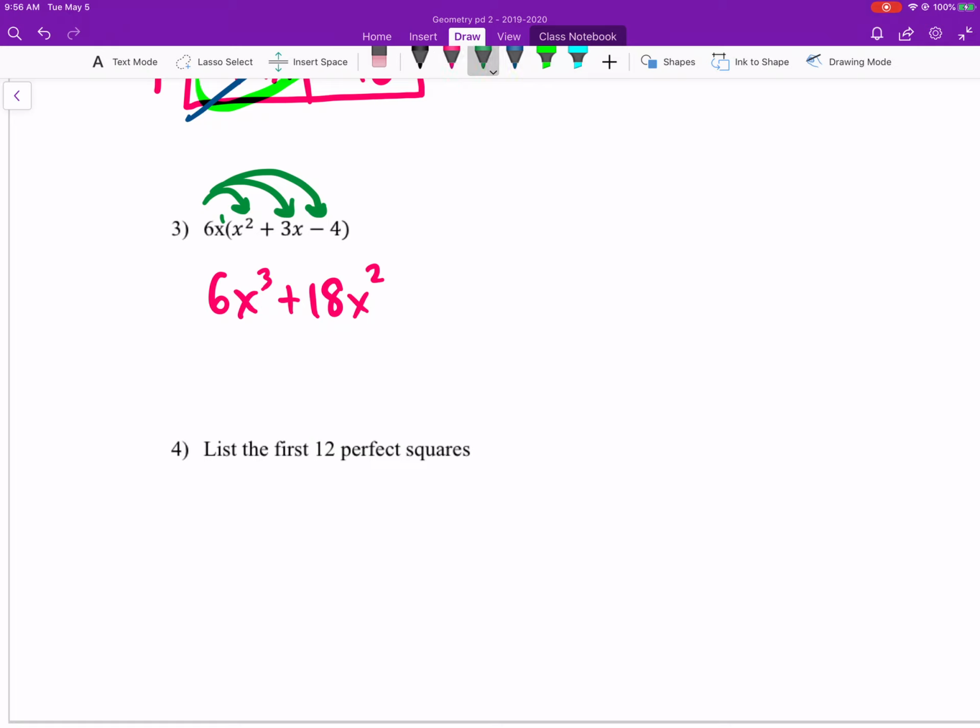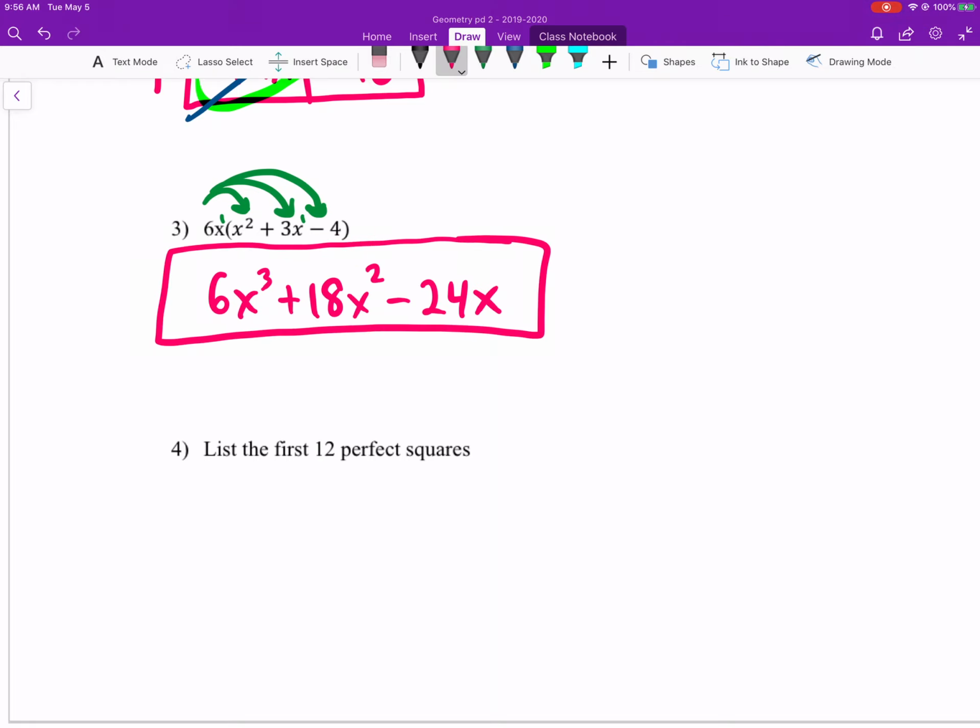Once again, another exponent of 1. 1 and 1 makes 2. All right, and 6x times negative 4 is negative 24x. Now, are these any like terms? You see a lot of x's, but not with the same exponent, so they're not like terms.